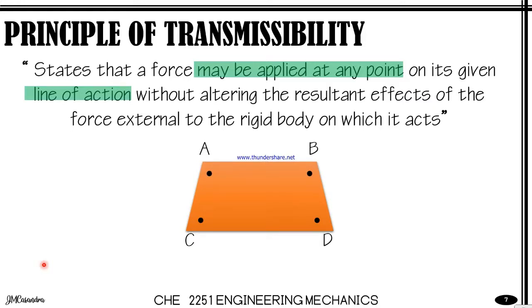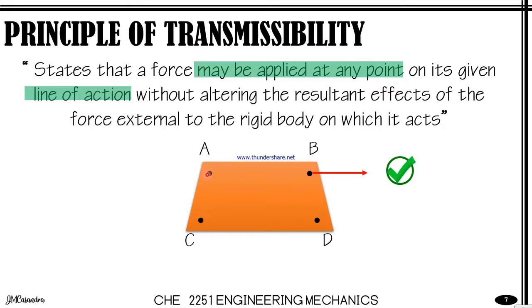So let's say we have here a body with points A, B, C, and D. So if I will apply a horizontal force on point A, I can transmit or transfer this force at point B. So there is no effect on the resultant since the force on B will still be on the same line of action as that of the force from point A. Okay, so let's have another example.